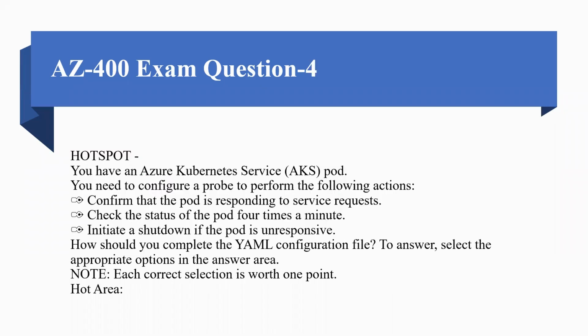Coming to question number 4, you have an Azure Kubernetes Service AKS pod. You need to configure a probe to perform the following actions. First, confirm that the pod is responding to the service request. Second, check the status of the pod 4 times a minute. Third, initiate a shutdown if the pod is unresponsive. How should you complete the YAML configuration file?